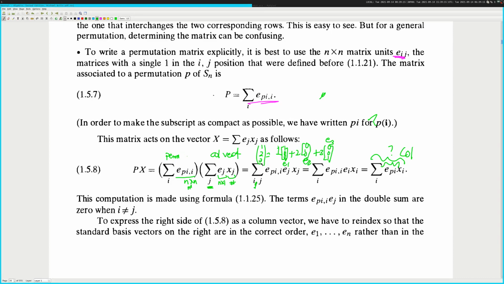He better have some examples. Okay. I mean, I understand, but this notation is just, my God. Okay. Sum over ij.